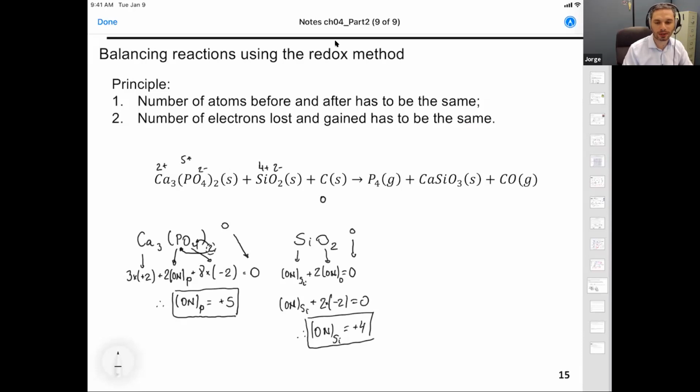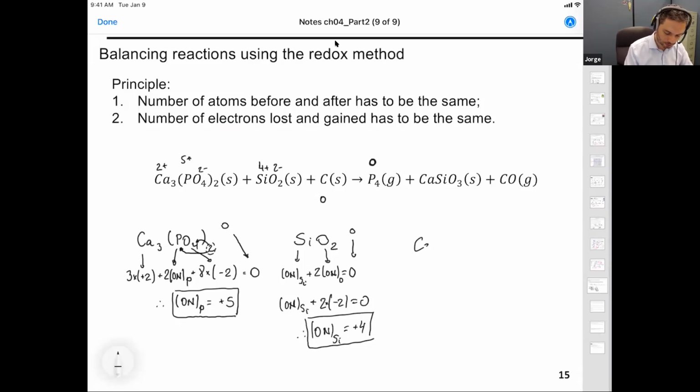And I will write here below the carbon, okay? So an element by itself has oxidation number 0 unless there is a charge outside. Next element is phosphorus. Phosphorus is combined with itself, therefore nobody loses and nobody gains anything, which means oxidation number equals 0.